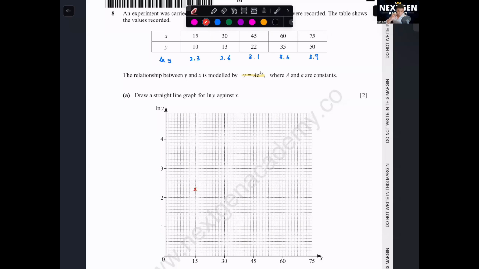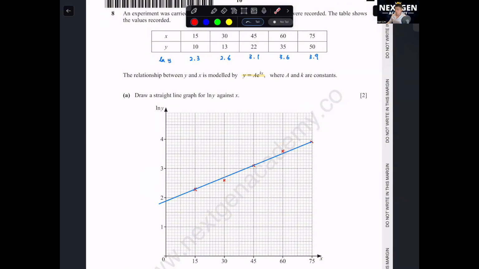Another thing, put in your x points so you can check back later also. 30, 2.6, 45, 3.1, 60, 3.6, 75, 3.9. Draw your line of best fit. I think this will be the best fit line. You have to balance it out, one on top, one at the bottom.